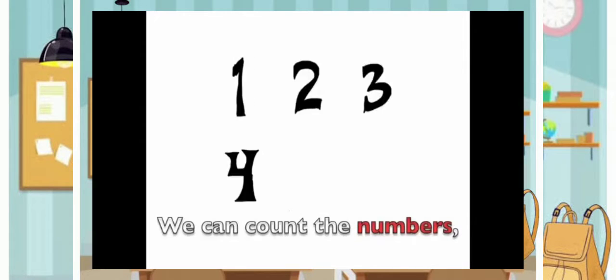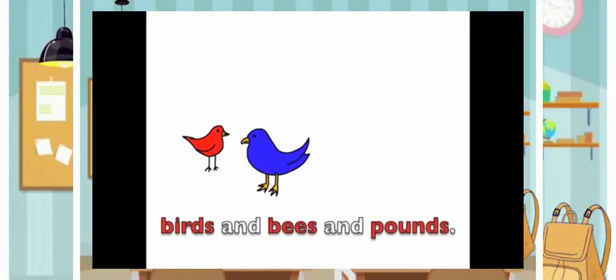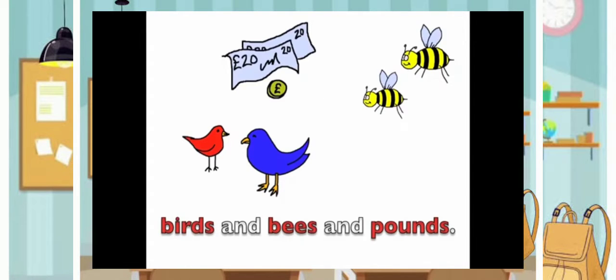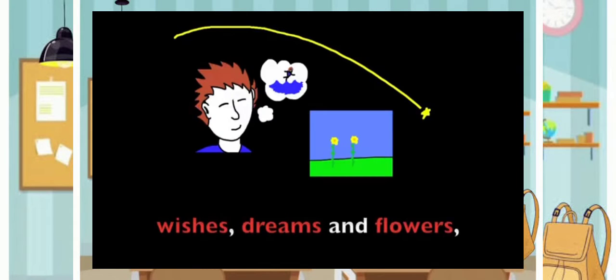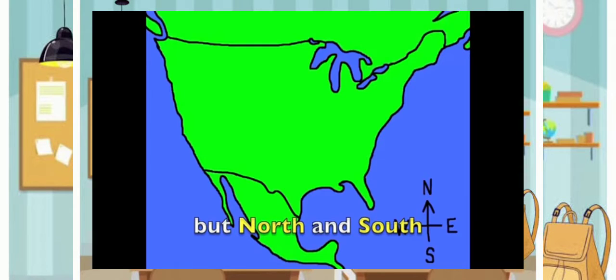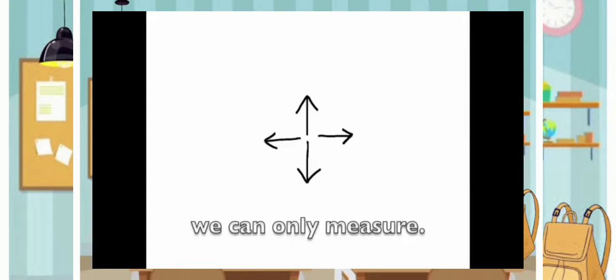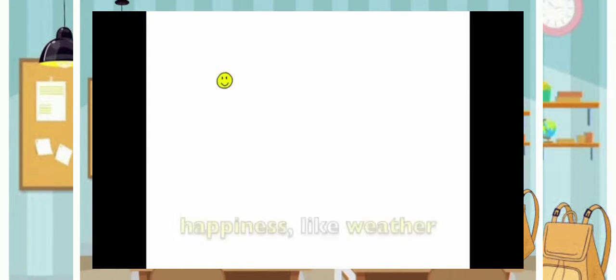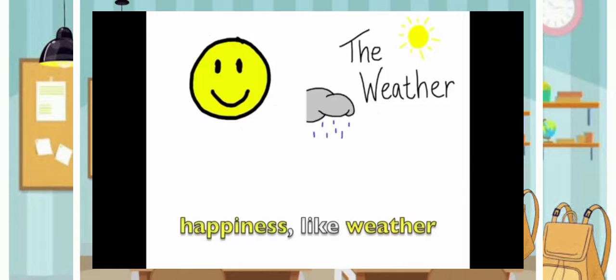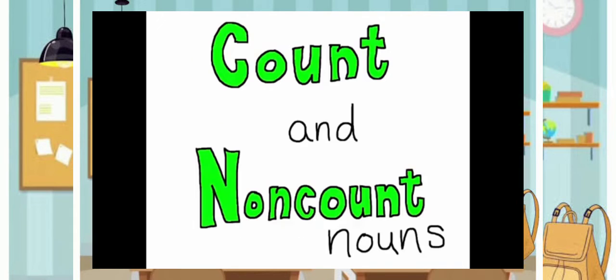We can count the clouds. We can count the numbers, birds and bees and pounds, wishes, dreams and flowers, with north and south. We can only measure water and air, happiness like weather. We can't count.